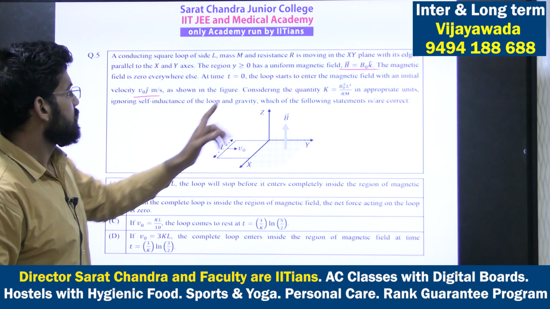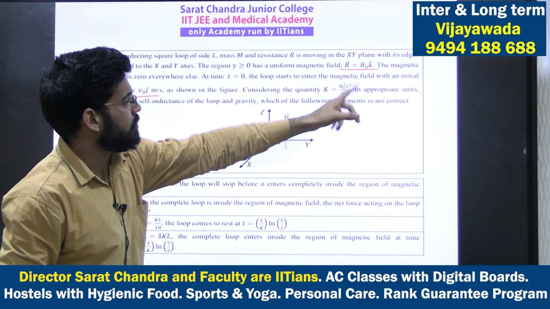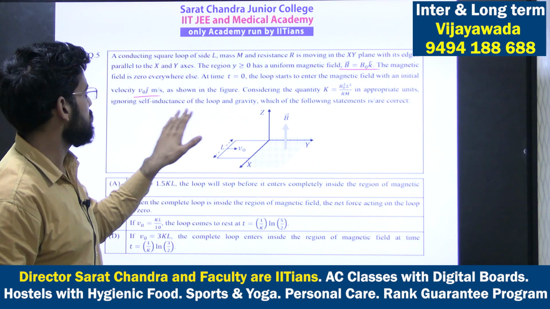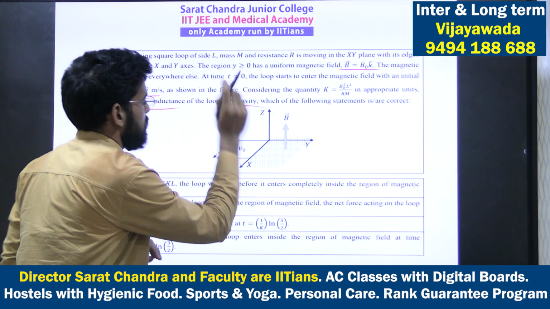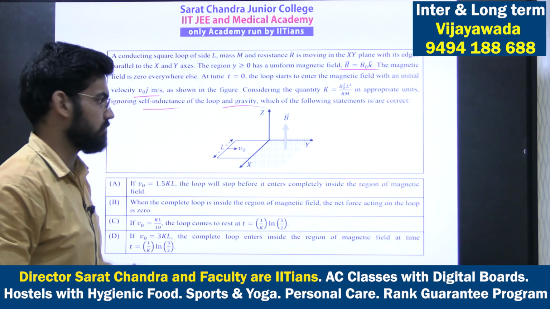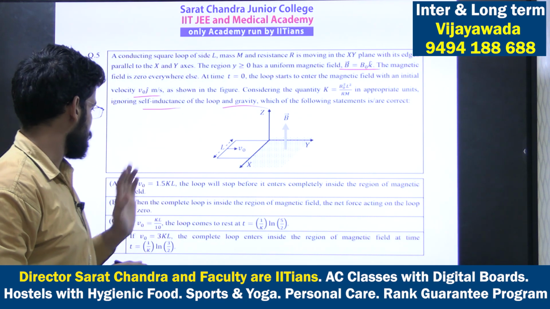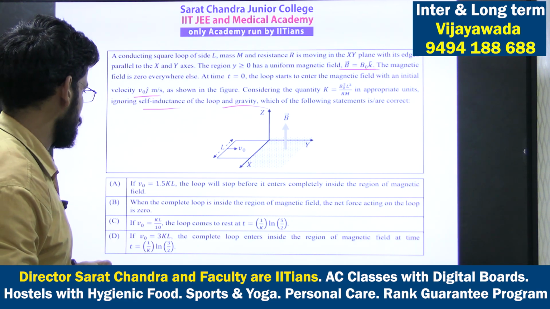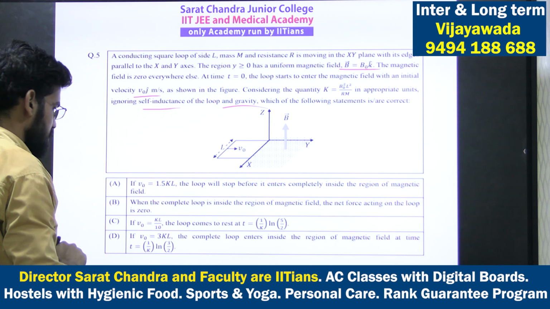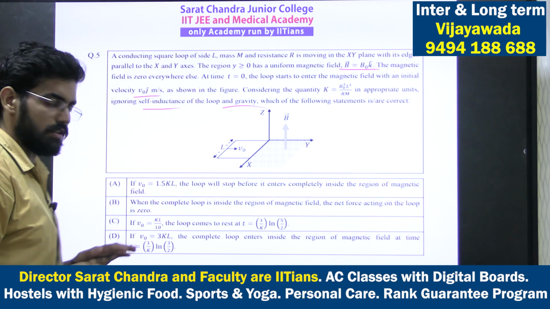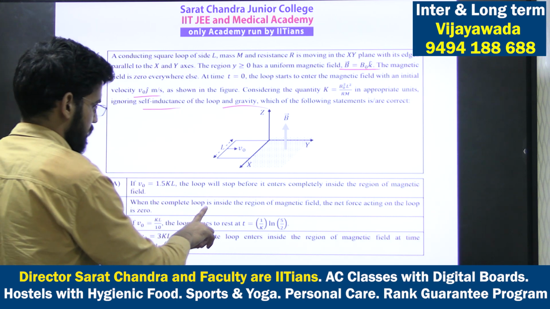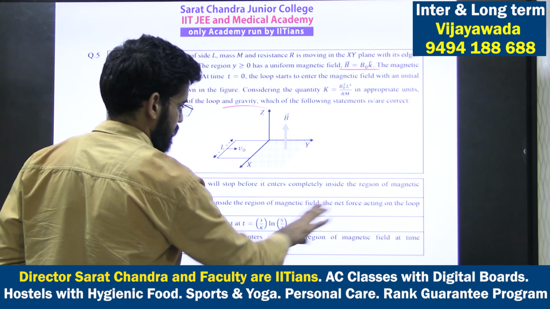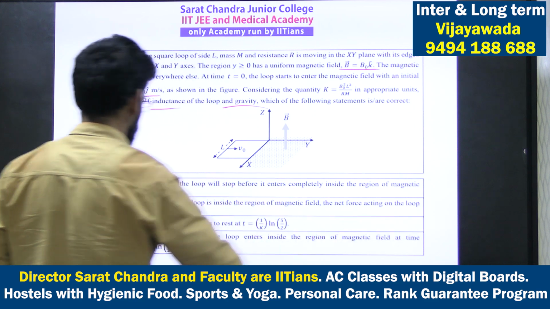Okay. Consider the quantity K equal to this, some quantity he mentioned, in appropriate units, ignoring self-inductance. Here also self-inductance and gravity are ignored, as in the previous question we discussed. So answer the following question. If you read the options, you understand. Let's check the B option first. When the complete loop is inside the region of magnetic field, then the net force acting on the loop is 0.